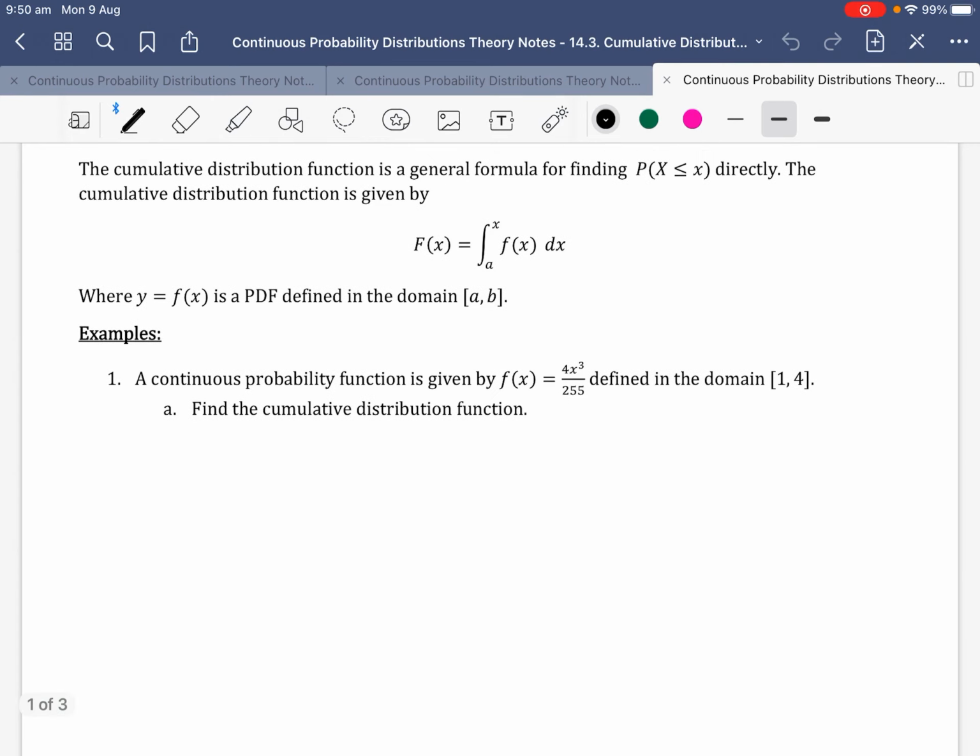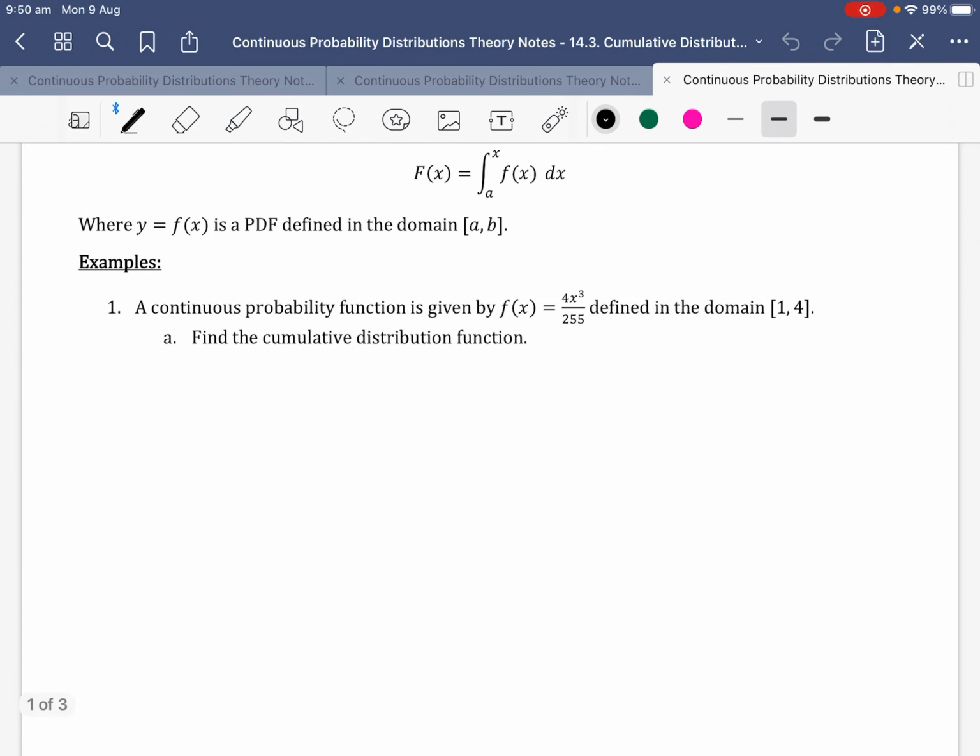So we have our first example. A continuous probability function is given by f(x) equals 4x cubed over 255, defined in the domain of 1 to 4. We want to find the cumulative distribution function. So F(x) equals the integral from a to x of f(x) dx, where f(x) equals 4x cubed over 255.